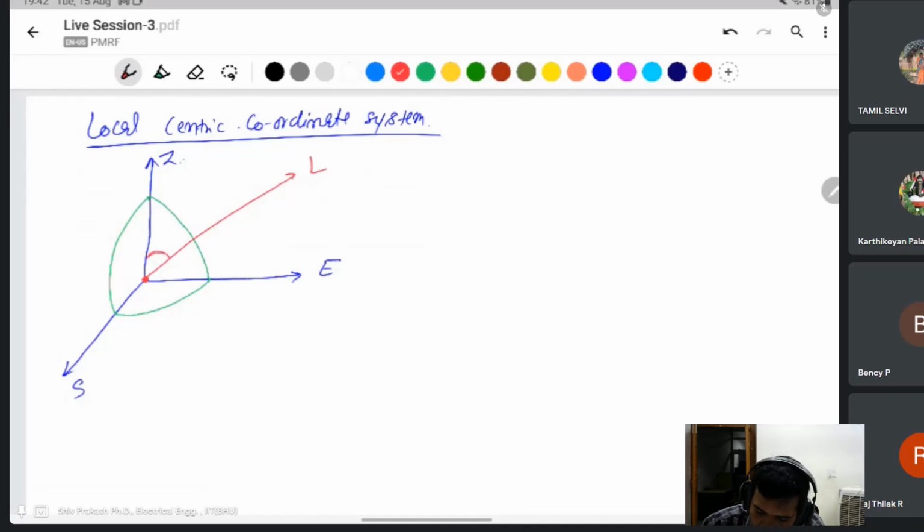This angle will be known as the zenith angle, and the projection of this line on the horizontal surface is there, and the angle from the south axis is known as the azimuth angle, YS.